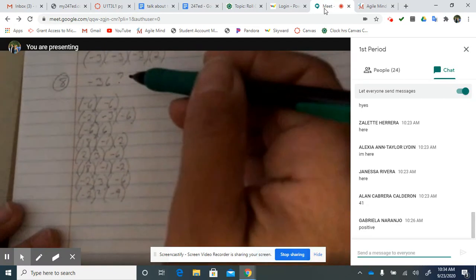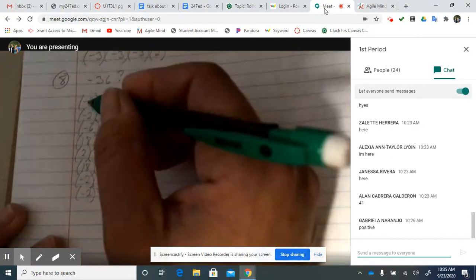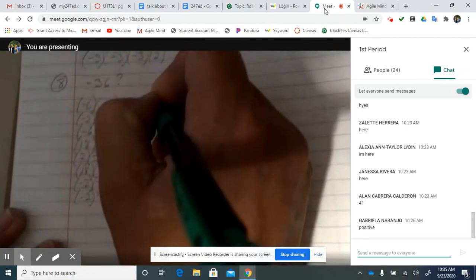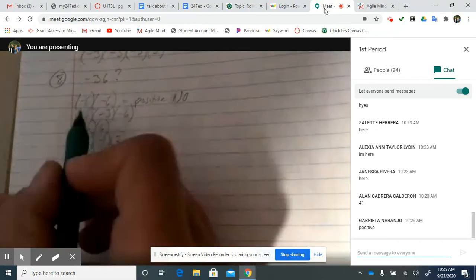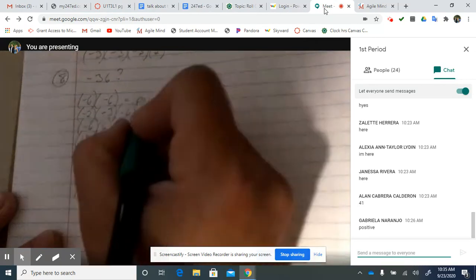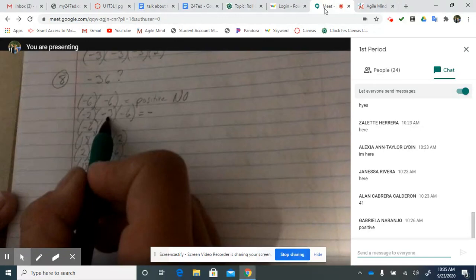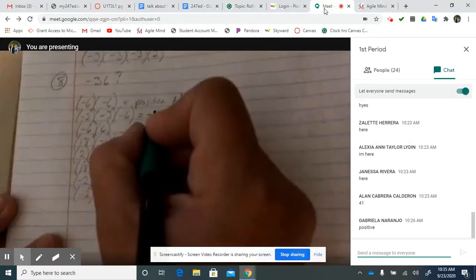Okay, we're looking for all of the answers that give us negative 36. So negative times negative gives us a positive. So this one's a no. Negative times negative gives us a positive, times a negative gives us a negative. 2 times 3 is 6, times 6 is 36.